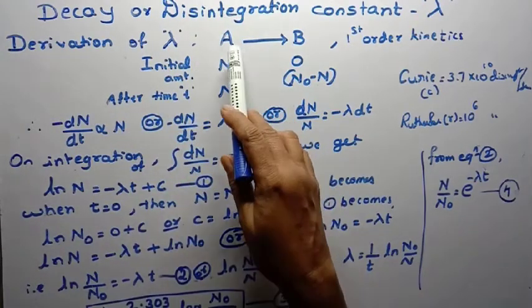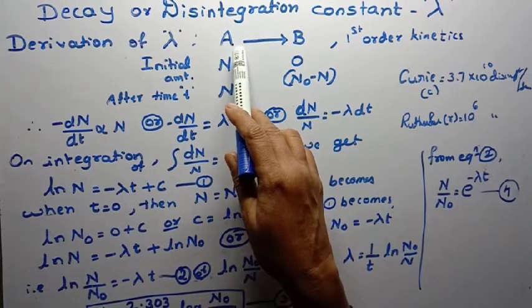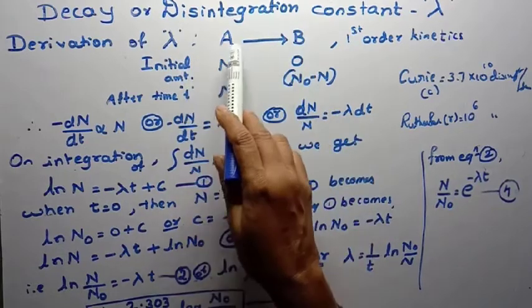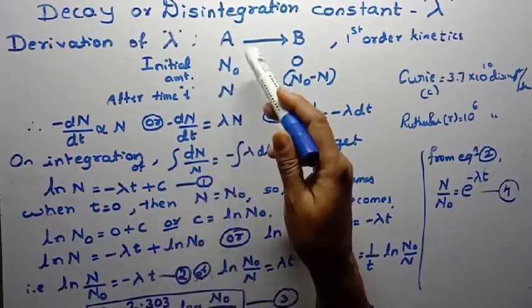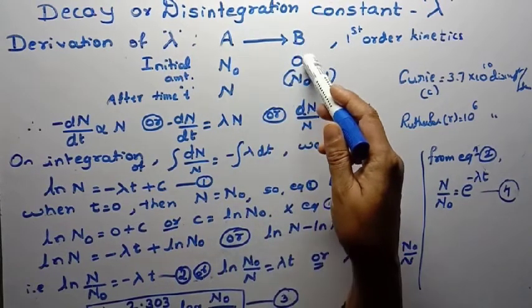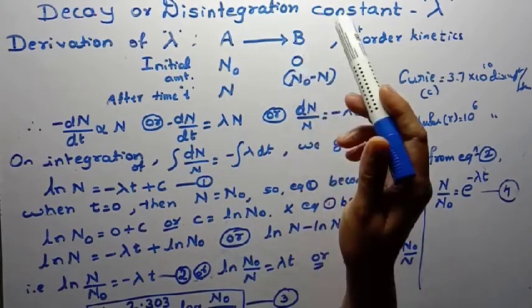Imagine A is the radioactive element and after disintegration it gives B. Let N0 be the initial amount of A taken, and at that time B is not present, it is 0.